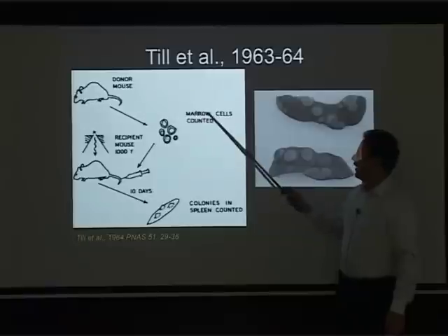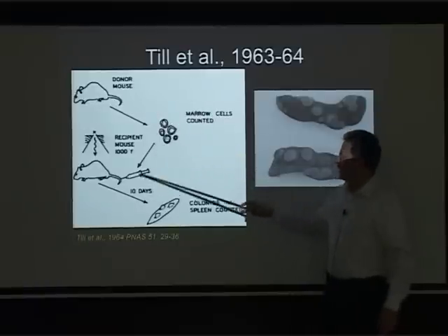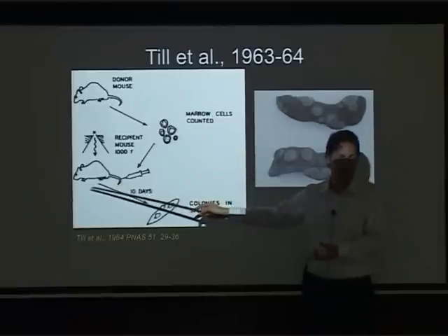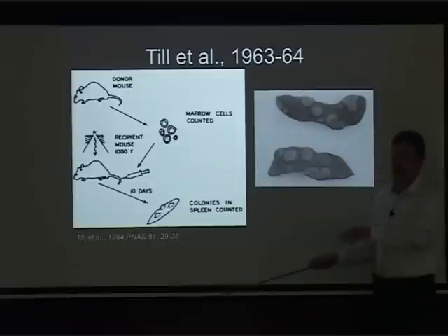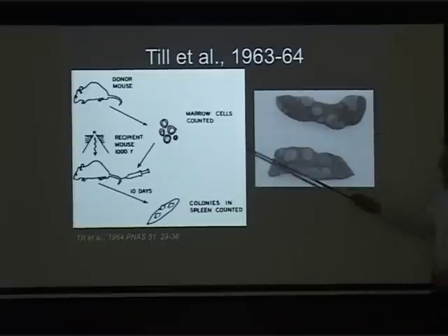But you can take marrow cells from a donor mouse and inject them in, and they will engraft and create little colonies. And in this case, the colonies are red cell-making colonies that form in the spleen of the recipient mouse. The spleen shriveled up, and then these new colonies start from those stem cells.